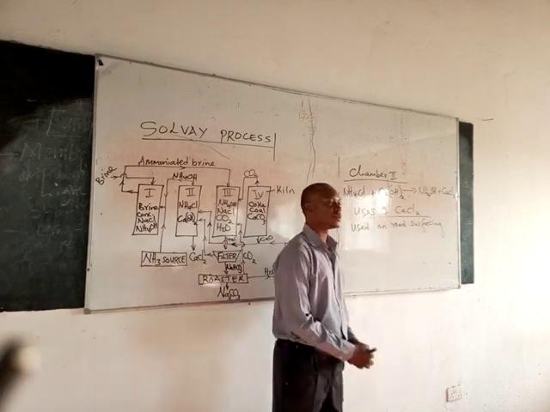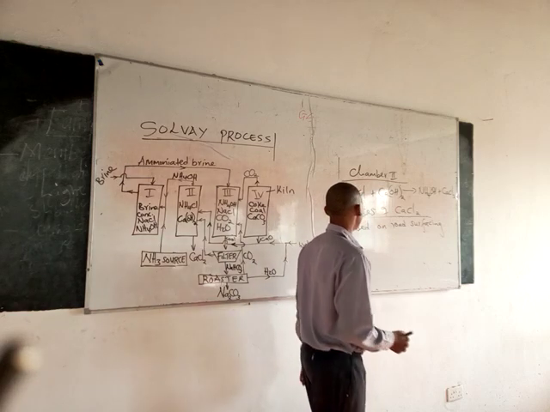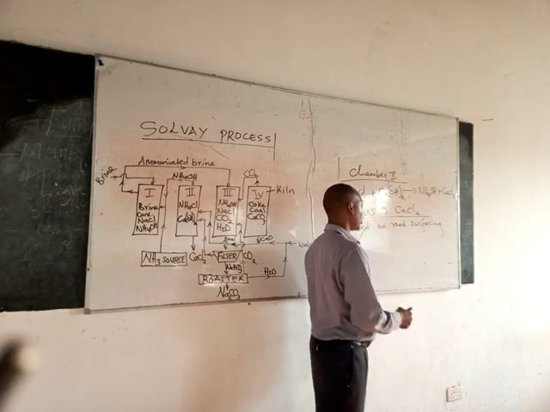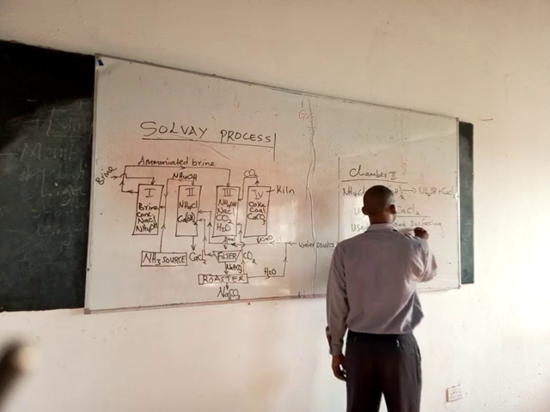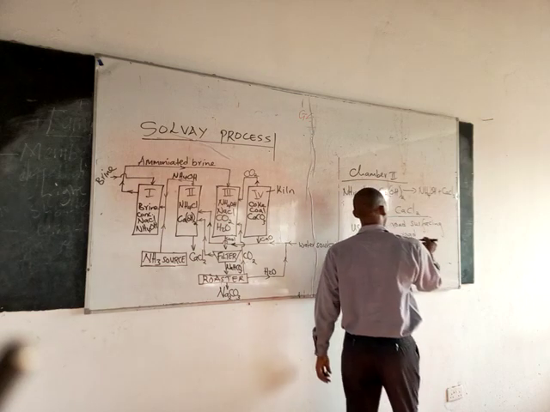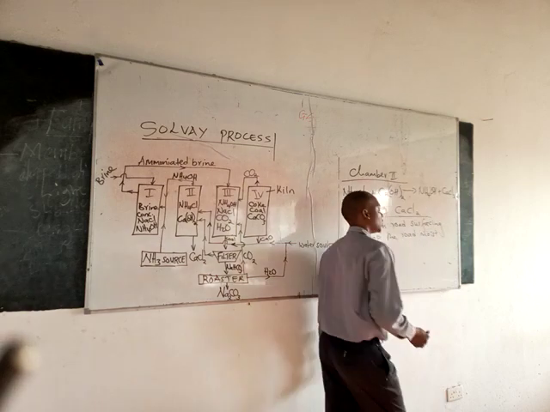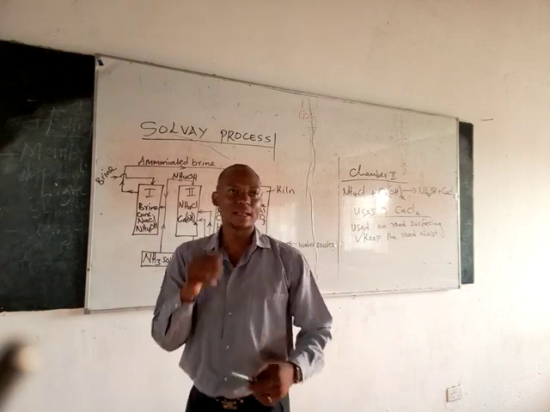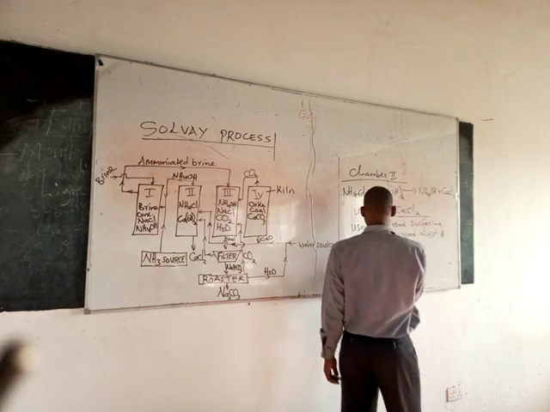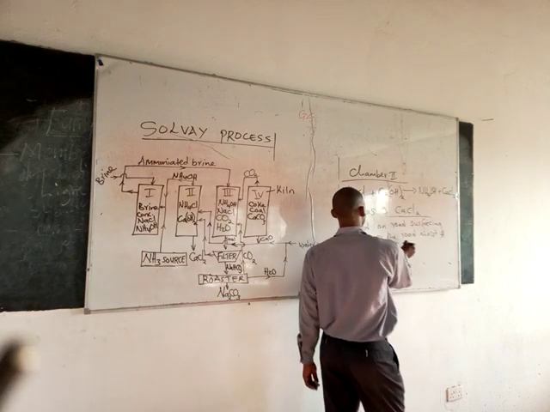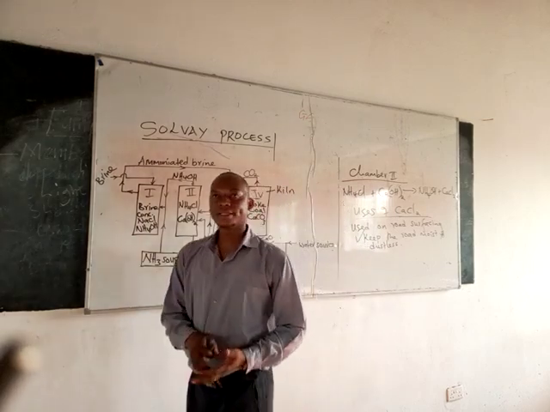Because of its hygroscopic nature, it can be used to keep the road moist. It keeps the road moist because it absorbs dust, so it keeps the road moist and dustless, especially in busy towns.